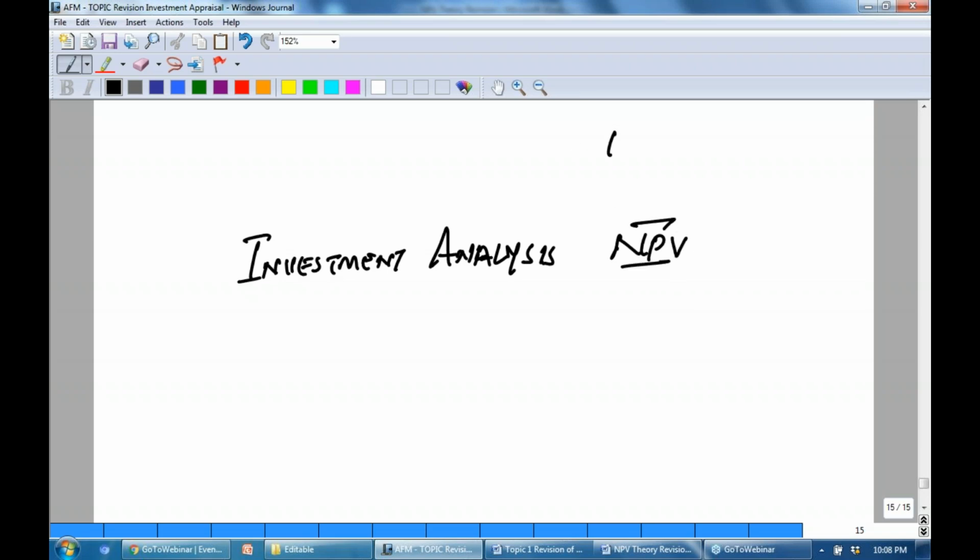And NPV means future cash flow and discount rate. One thing very clear in our mind, if we are evaluating the investment by NPV.